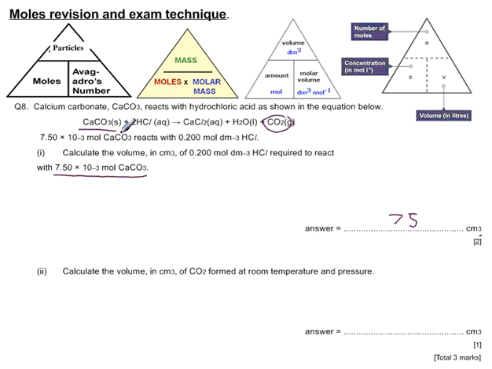Now, yet again, if you want to find out about another chemical in a balanced equation, you must use the ratio. And the ratio here, look, is 1 to 1. So that means if we start off with this number of moles of calcium carbonate, that number of moles will be the same as the number of moles of carbon dioxide, which is 7.5 times 10 to the minus 3.